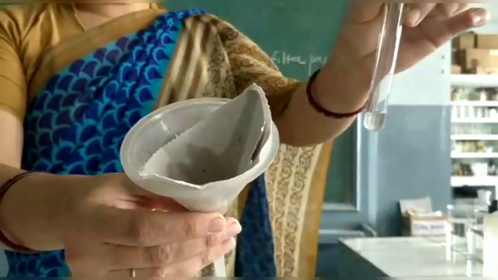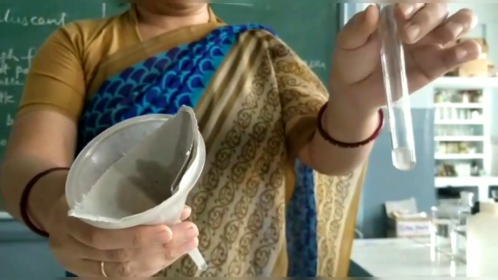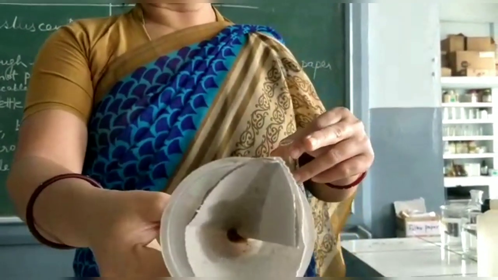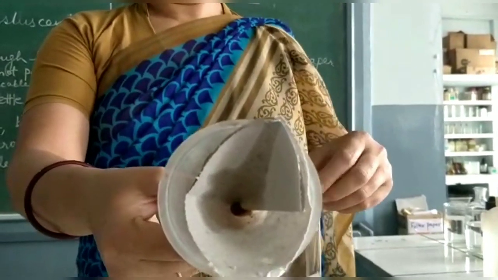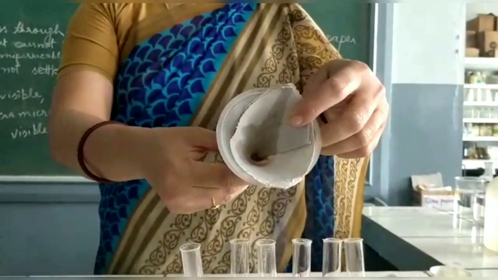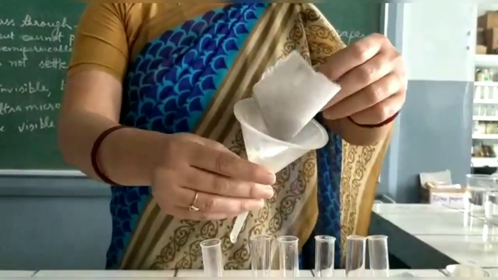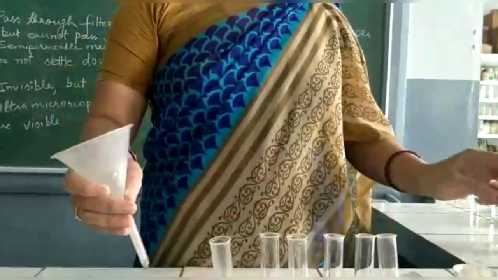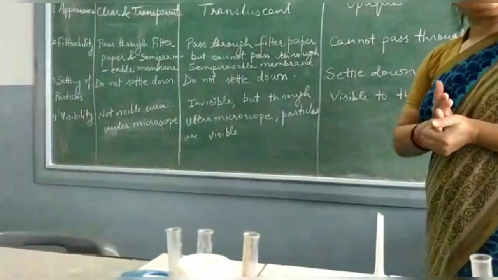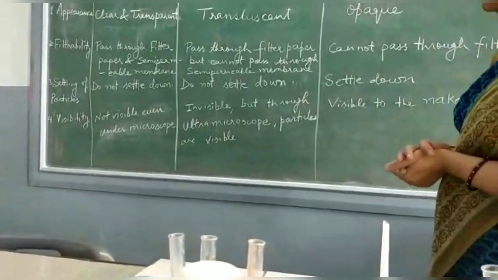The solution that comes down, we call filtrate. The one which is left on the filter paper, we call residue. So in the case of suspension, we found some residue on the filter paper. Clear?